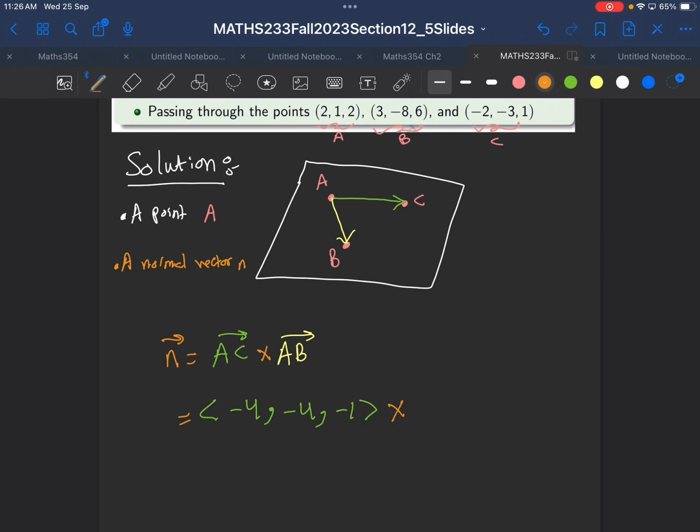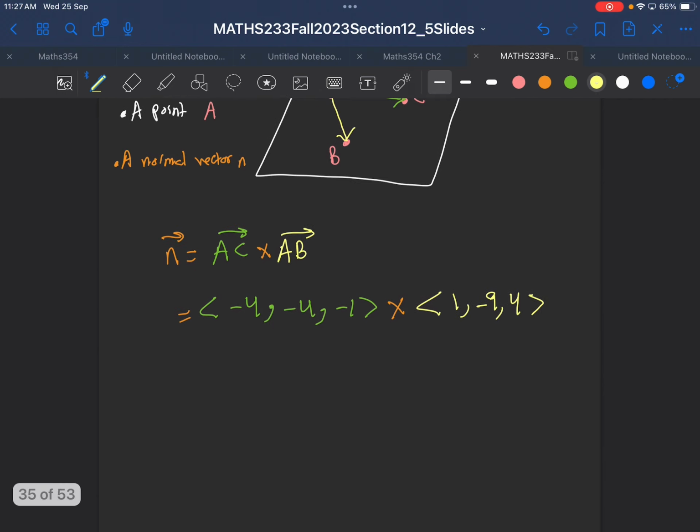This one, I will cross product with the yellow one, which is the vector AB. How do we find the coordinates of the vector AB? It will be 1, then -9, and finally just 4. Now this is just the usual cross product, so you will have i, j, and k. I will do this with color so we don't miss it.